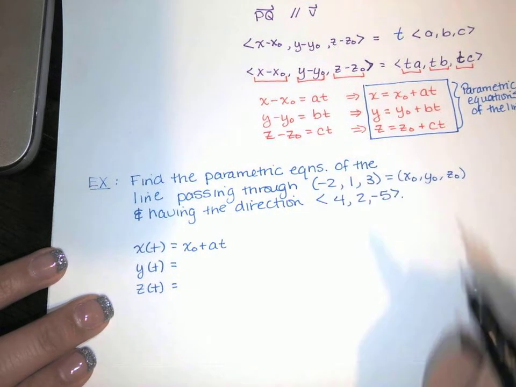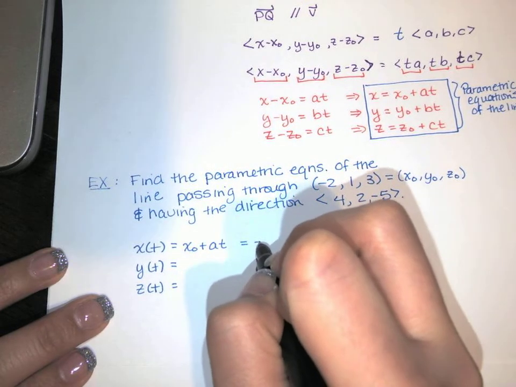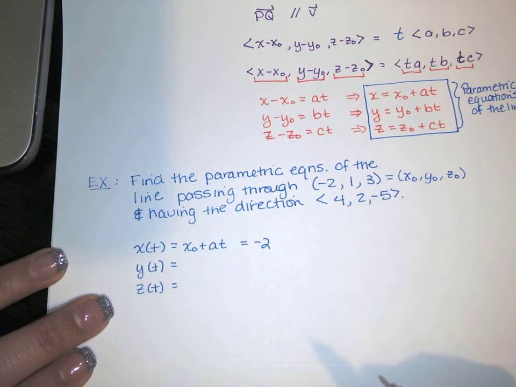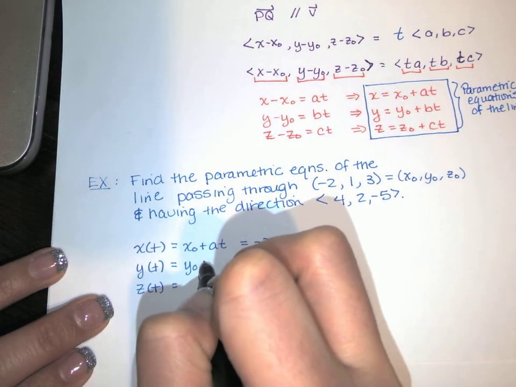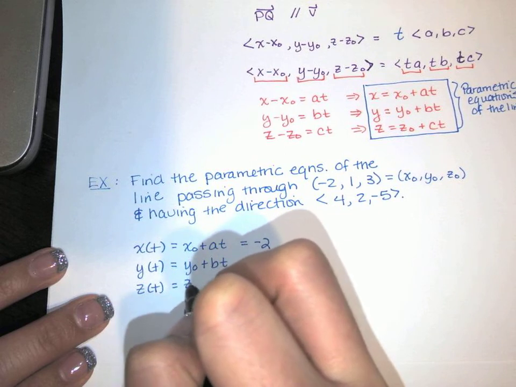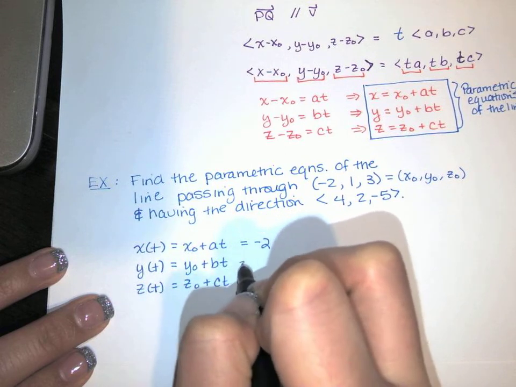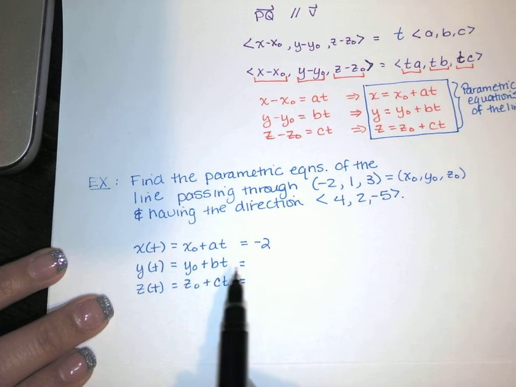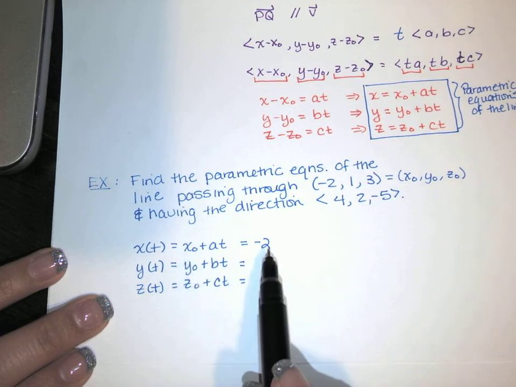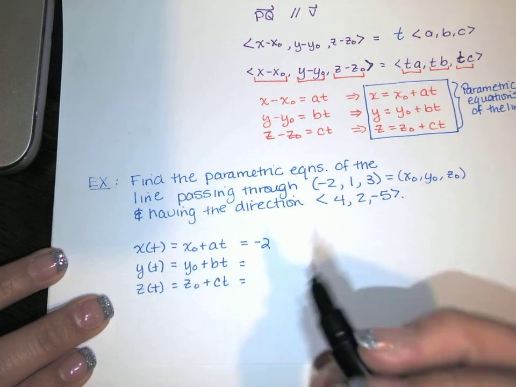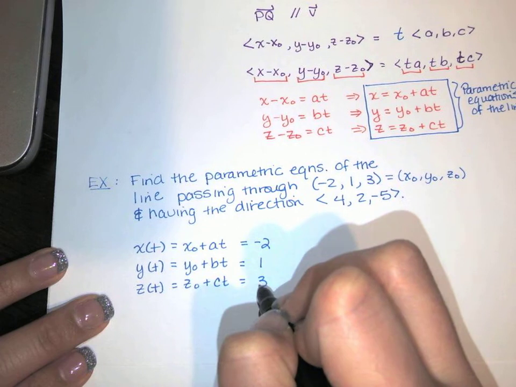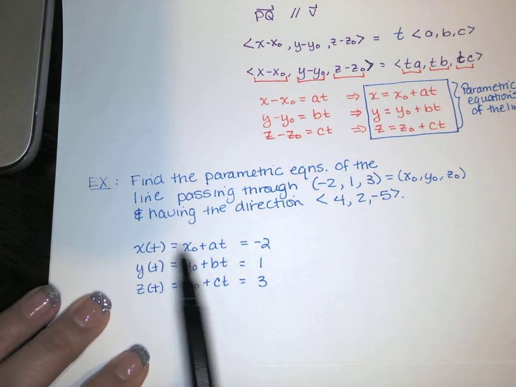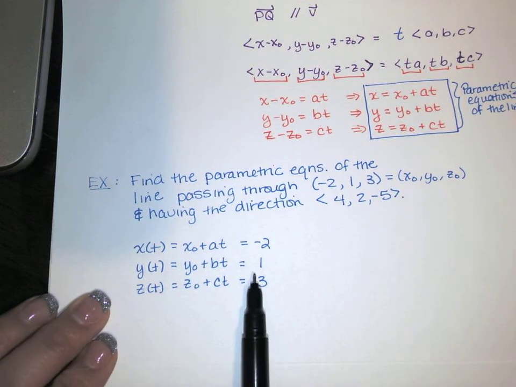So my initial x value is -2. Actually, let's write these all down. They all start with their initial x, y, and z value. So I'm going to write down my x naught, y naught, and z naught right here. All right, so x starts at -2, y starts at 1, and z starts at 3.